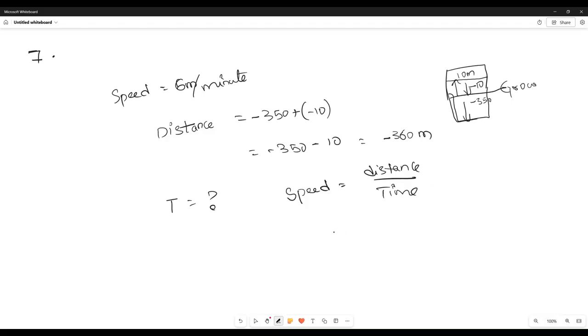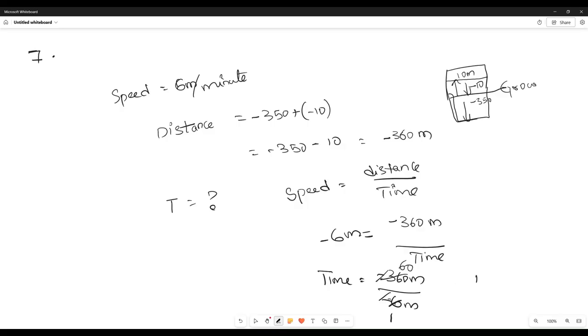What is the speed here? 6. But we are talking about downwards, which means negative. Distance is minus 360 meters. Here time equals minus 360 meters by minus 6 meters. Cancel. 6 sixties are 360. So time equals 60 minutes.